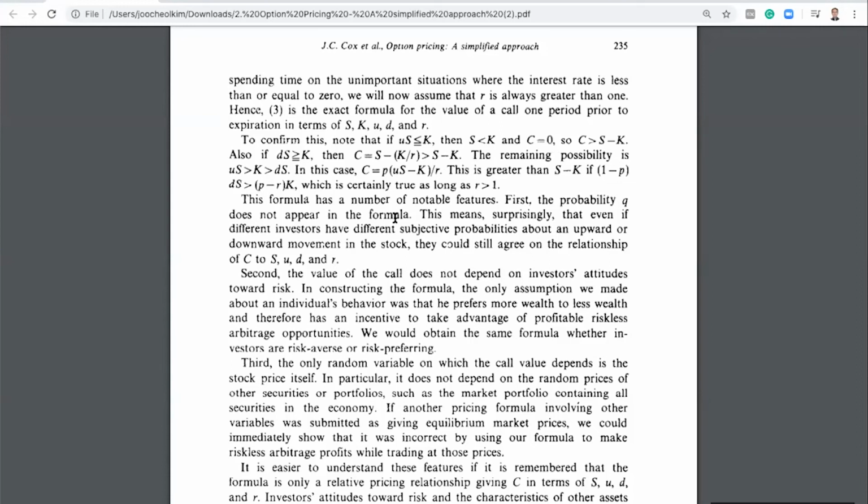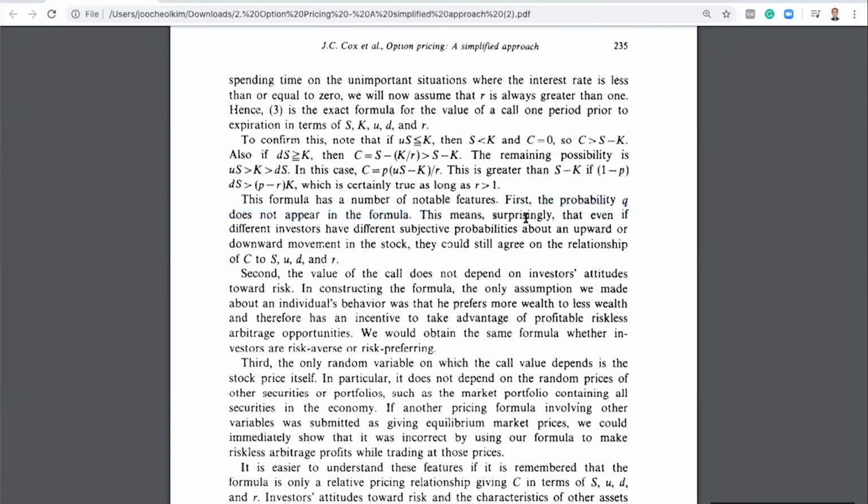If you remember the two previous lectures, I said I'm going to toss a coin, and the probability of getting a head is a half, and the probability of getting a tail is a half, but actually it doesn't matter. That's what I wanted to emphasize. The probability does not appear in the formula.